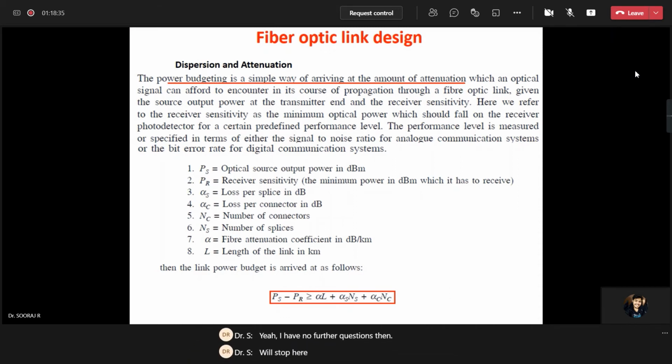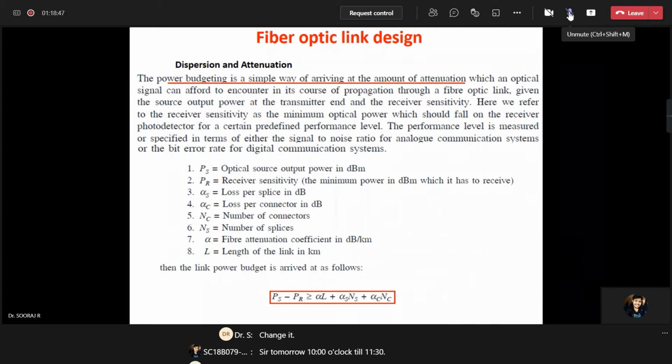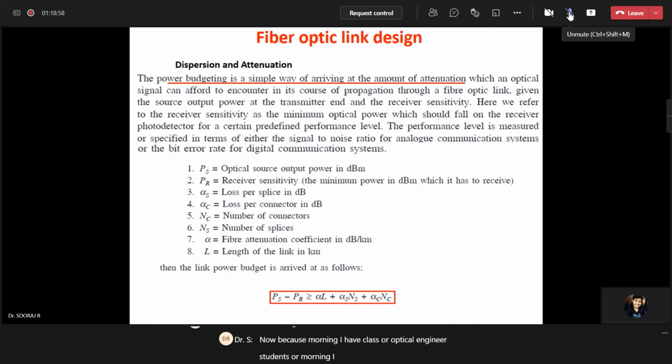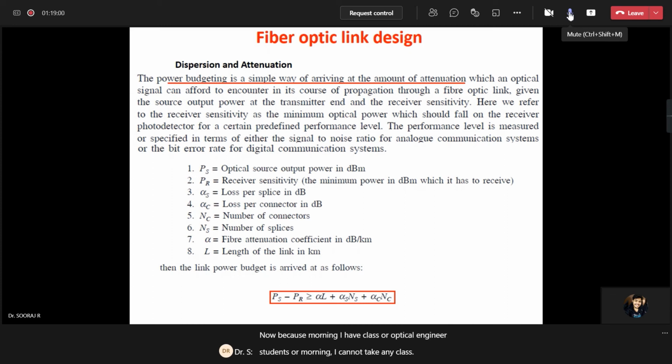By the way, when is the next class? Sir, tomorrow we DL people have another class at 10. Can it be shifted to 9 or something? No, because in the morning I have class for optical engineering students, so I cannot take any class in the morning.